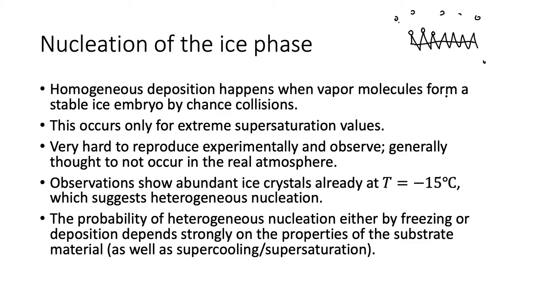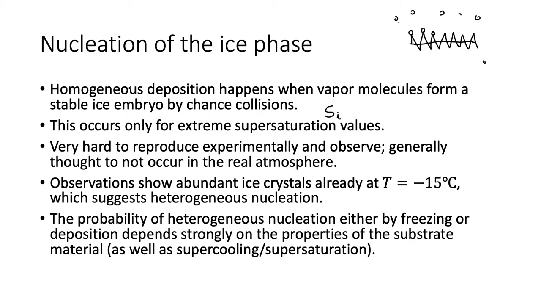Now, this is something that can happen in the atmosphere, but it typically requires really, really high values of supersaturation. And notice that here it would be supersaturation with respect to ice, not with respect to water. So, we generally indicate this with an SI.